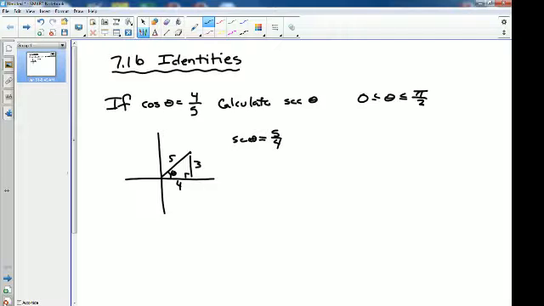Okay, what I need to show you is that we can venture outside that. Which is fine. It's just basically what you're going to be given is a boundary, and you have to figure out which quadrant you're in and what sine or cosine is positive or negative. Okay.